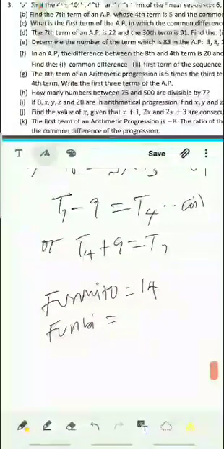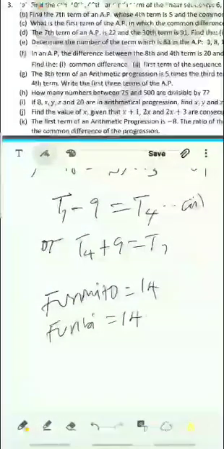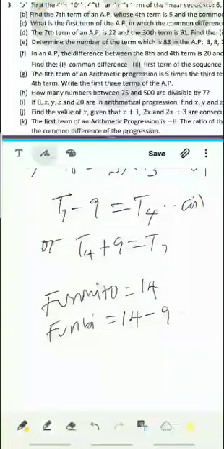If Fumito is 9 years older than Funbi, then Funbi is how old? Funbi will be 14 minus 9, meaning she's 5. So Fumito is 9 years older than her, making Fumito 14.